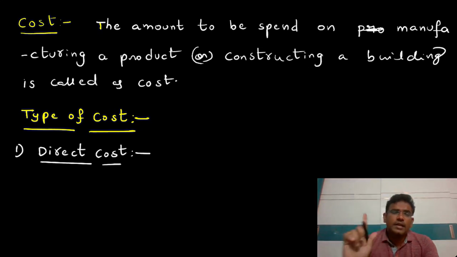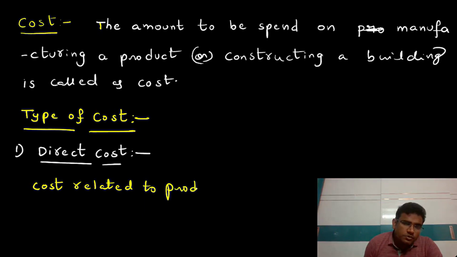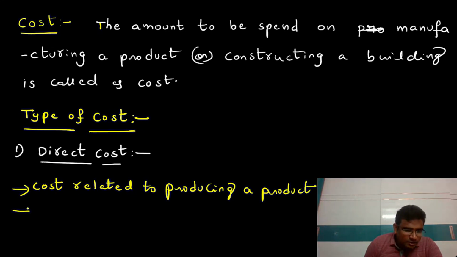Okay, now see my point, guys. What is direct cost? The cost related to producing a product, that is called as direct cost.